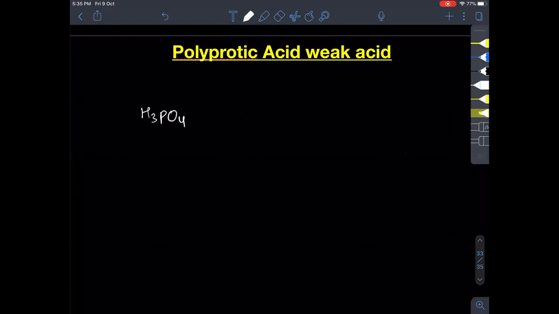So how are you supposed to establish the equilibrium in aqueous solution? In aqueous solution, it will undergo ionization as H+ (aq) plus H2PO4- (aq). This is Ka1.